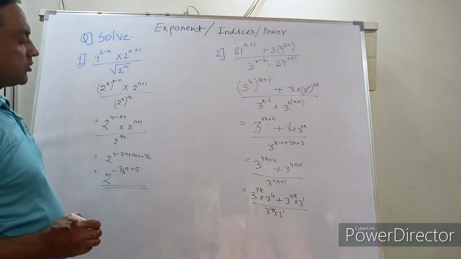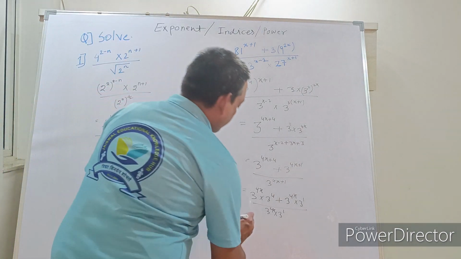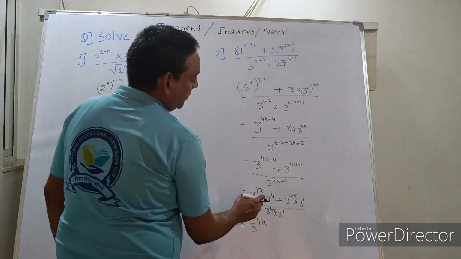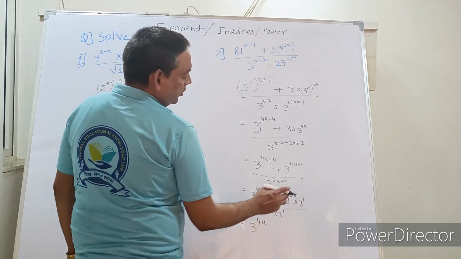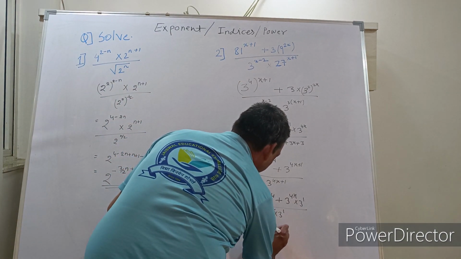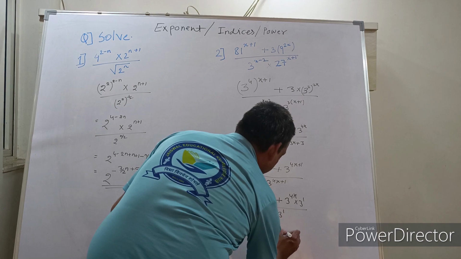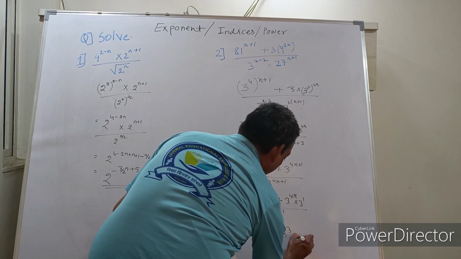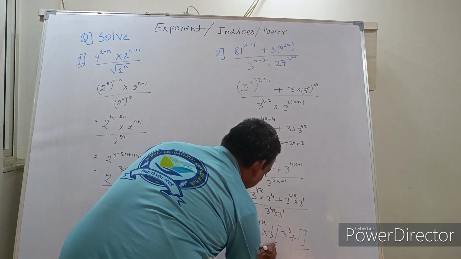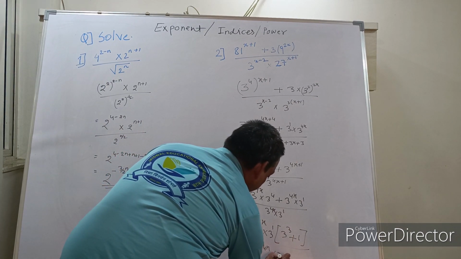Okay, now what is common in the numerator? So we can take 3 raised to 4x common, and then we have 3 raised to 4 and into 3 raised to 1, so 3 raised to 1 is common, so remaining is 3 raised to 3, and this becomes only 1 because everything is outside, upon 3 raised to 4x into 3 raised to 1.